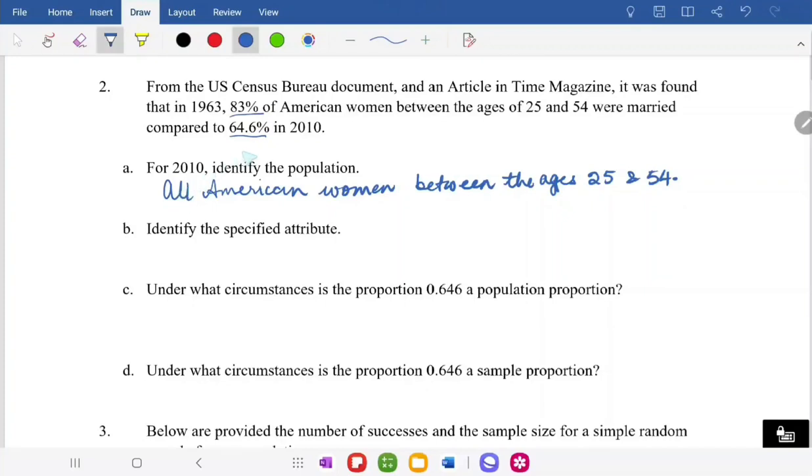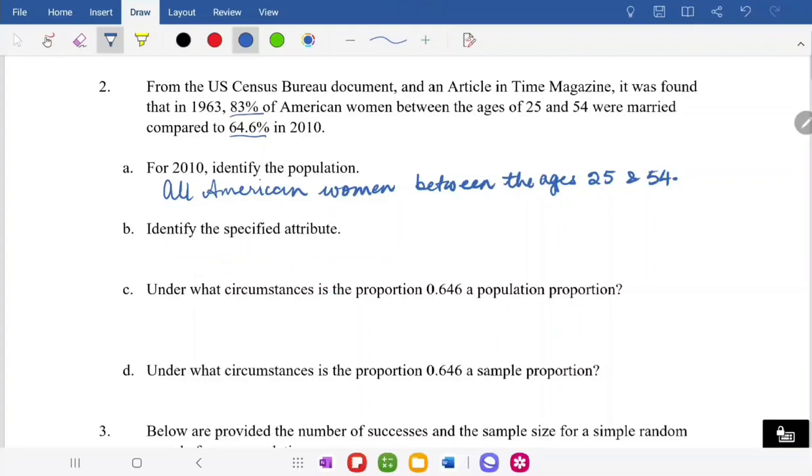Apparently in 2010 it was just 64.6% compared to the 83% in 1963. But the population is all American women. It's not all American married women. That would be a wrong answer, because of all American women, we are trying to find what proportion were married. But the population would be all American women.